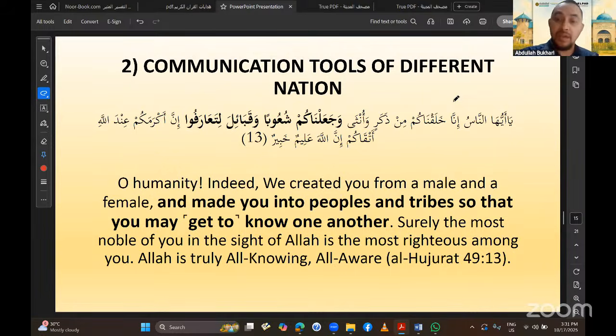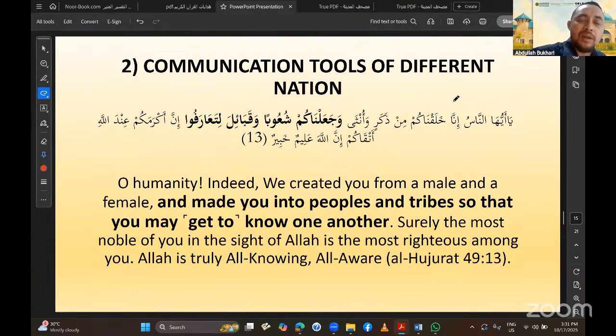Because Allah said in this ayah, "O humanity, indeed we created you from a male and a female, and made you into peoples and tribes so that you may get to know one another." If I can say that, IUM, even though it is located in Malaysia, it is like the international university because we have almost many nations from different countries.